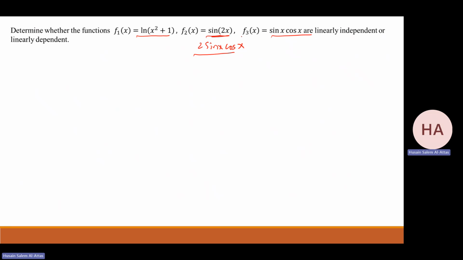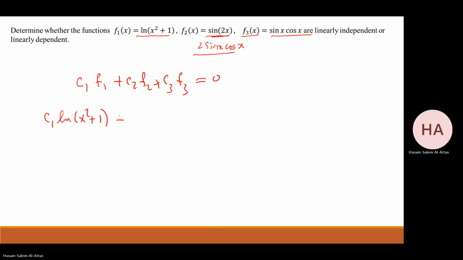It is very clear: 2 times f3 gives me f2. So can I find C's where I can list these functions and make it equal to 0? Let me check: C1 times x squared plus 1, plus C2 sine 2x, which is 2 sine x cosine x.